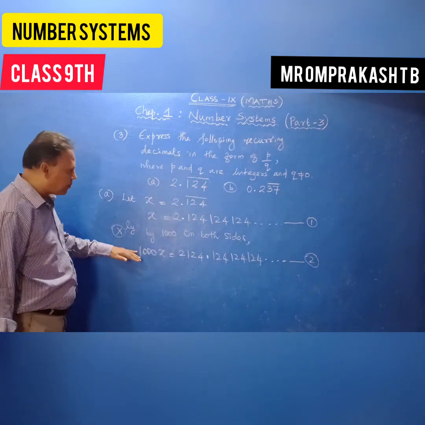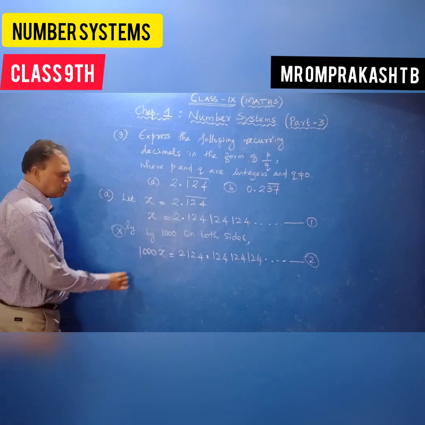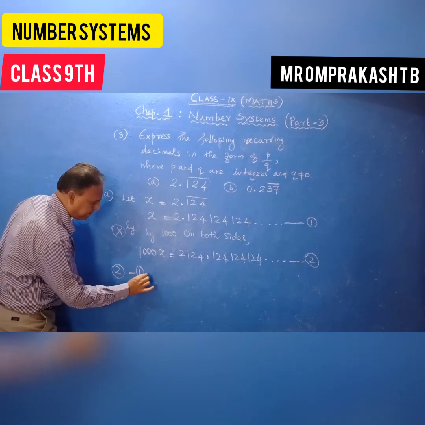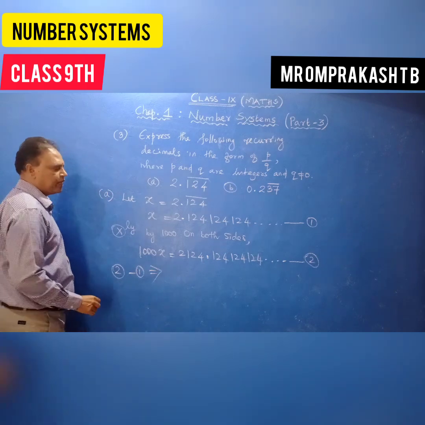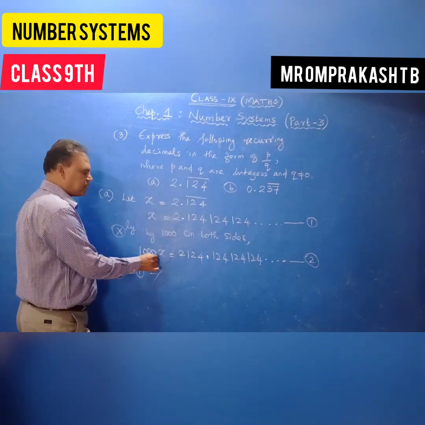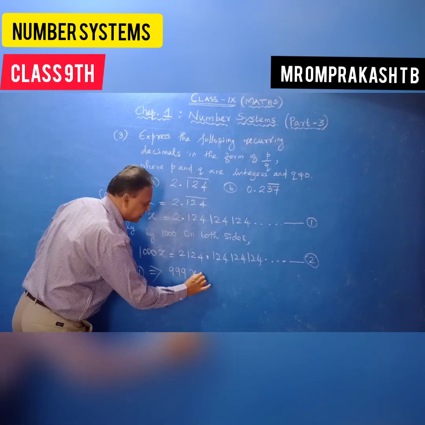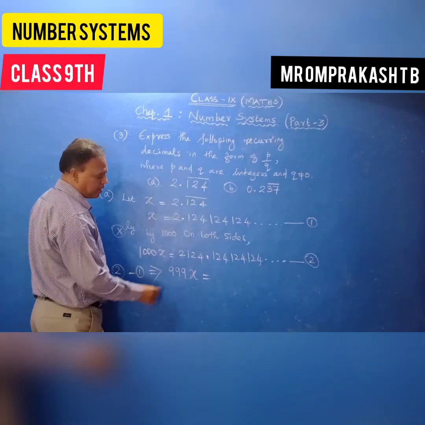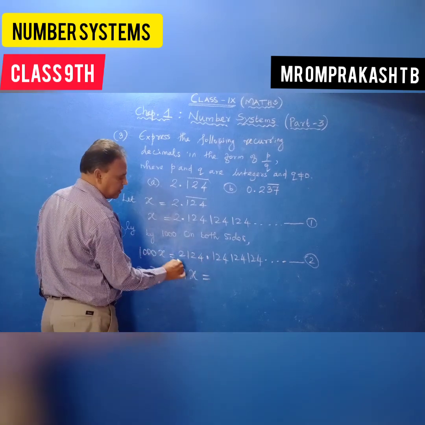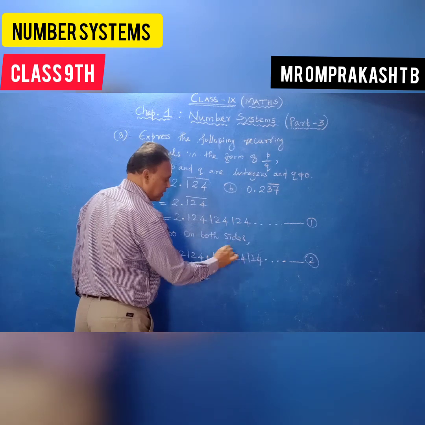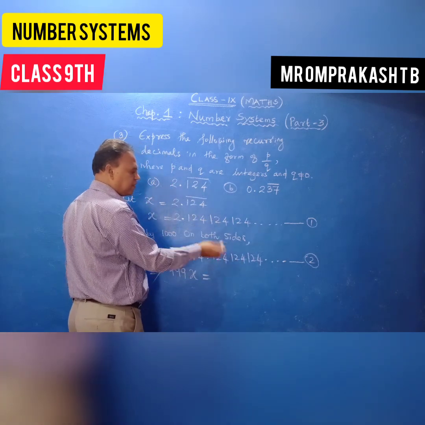Now what you have to do? Subtract. So 2 minus 1 gives 1000x minus 1x is 999x. That's equal to, here this decimal part is same. You see both the equations' decimal parts same. So you subtract means everything will be 0.